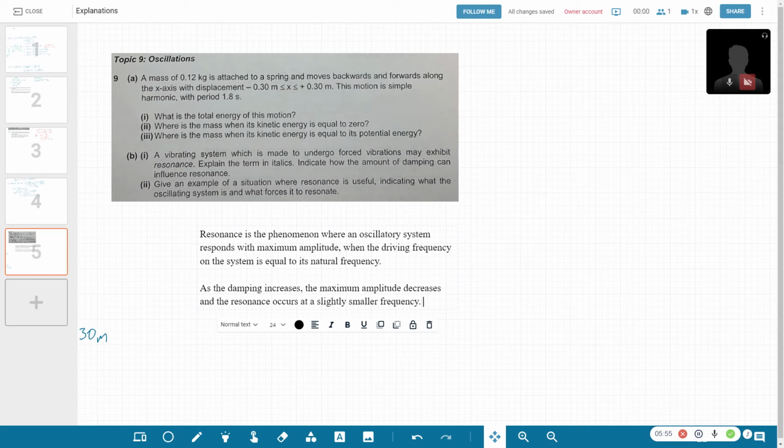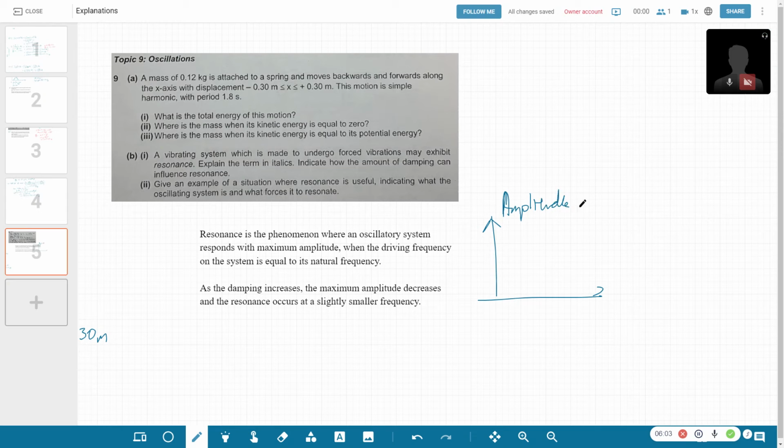Normally when we draw our frequency response graph, with amplitude and frequency, we go up and come down for no damping, and then we draw them with a tendency of a broader and broader curve, with an asymptote here.